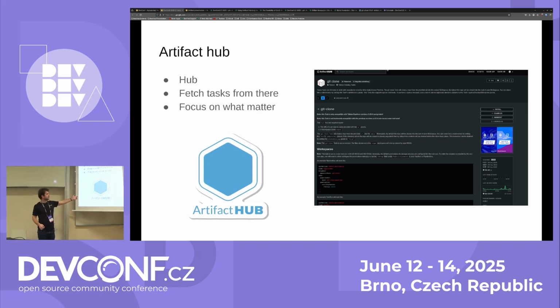And this is the logo of the Artifact Hub. And here is a screenshot of a Git clone task. As you can see, it's well described with a lot of information on how to use it. And there in the corner, there are some cool features that teach how to install this task.